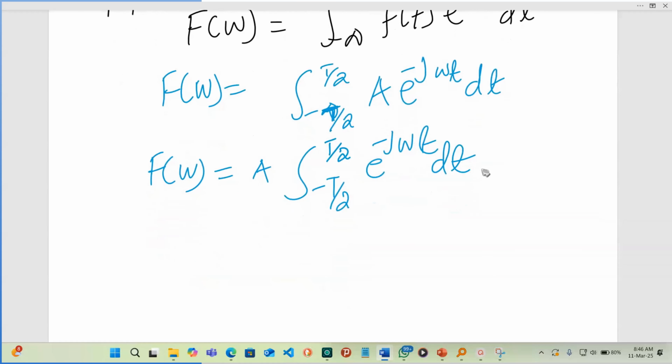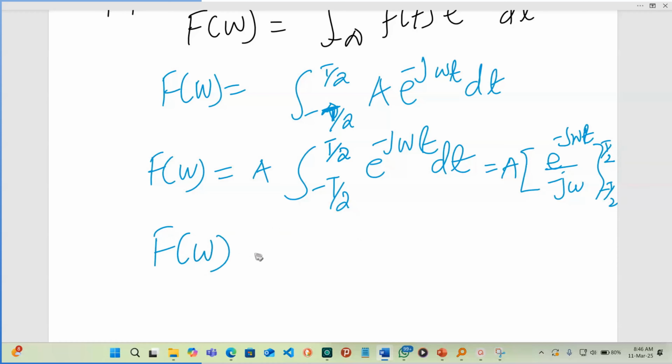Now what is this going to give? This is going to give us A, then exponential negative j omega t divided by negative j omega, from negative T over 2 to T over 2.